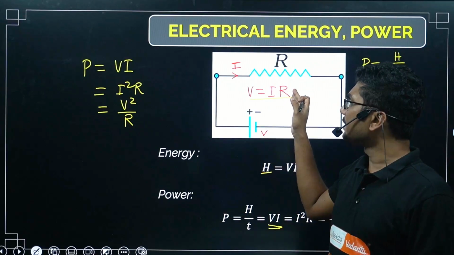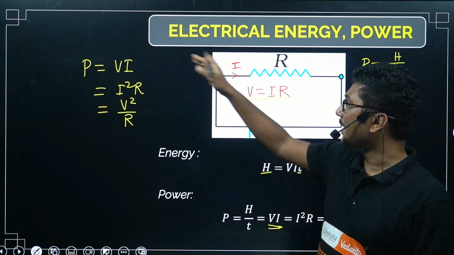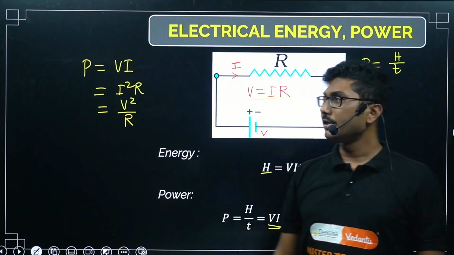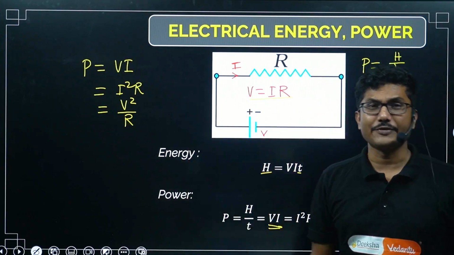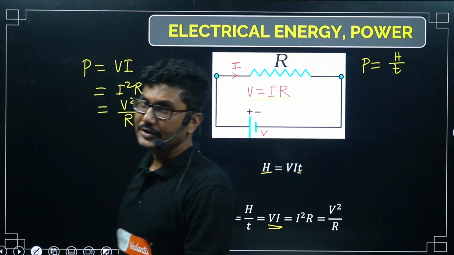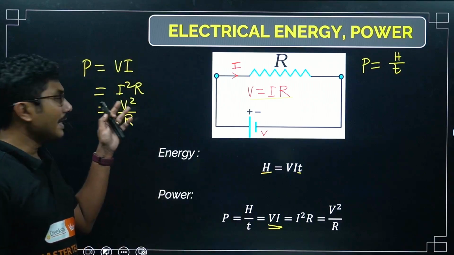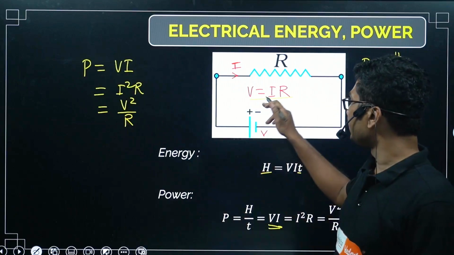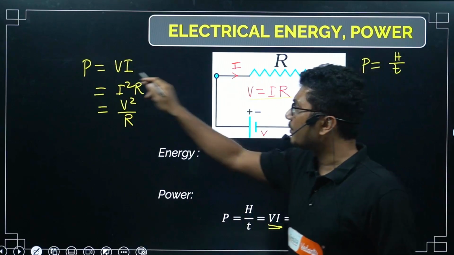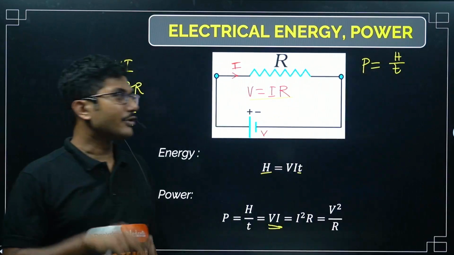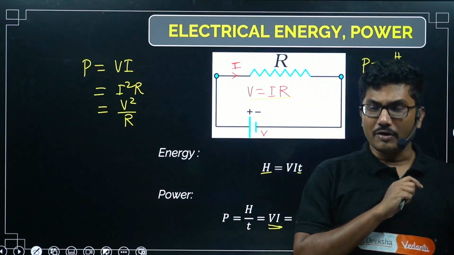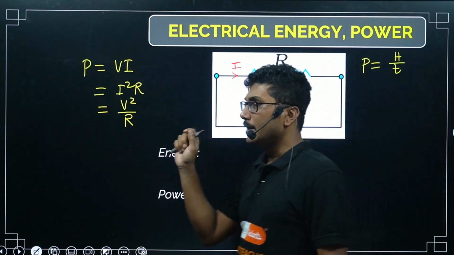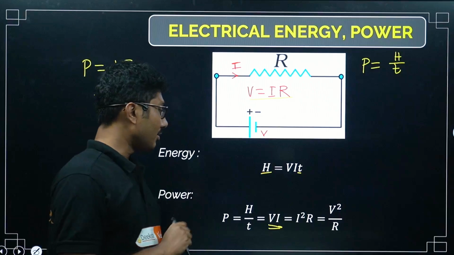You can always use the relation V equals IR, find V and use the first equation. This is only to save some time. If you remember the equations individually, it will save some time for you. Otherwise you can always go back to the V is equal to IR equation and the P is equal to V square by R equation. If you combine these two equations, you can solve any power problem. It is not an issue.